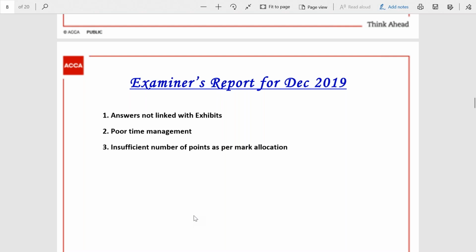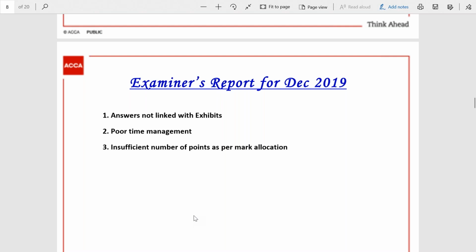If we do not link our answers with exhibits, the examiner would definitely fail us. The main purpose of SBL is that he wants to see whether we are able to link our answers with the case study. And if we are not linking with the exhibits, I can guarantee we are not going to pass.